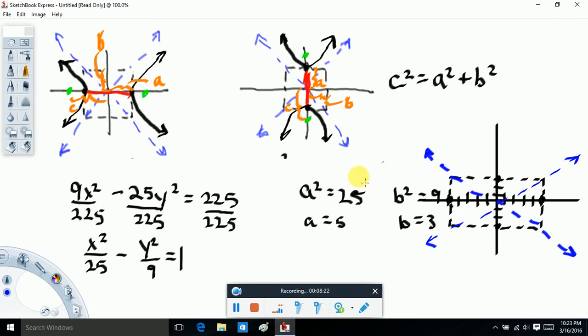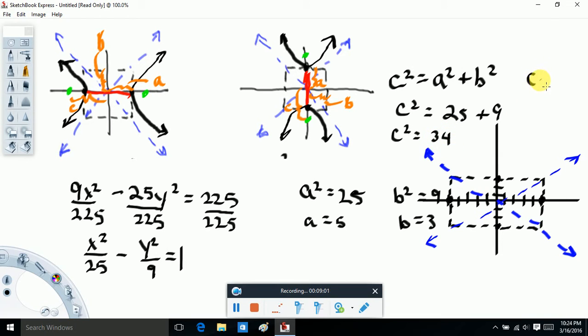So where are the foci? We have to use this equation here to find the foci. So c squared equals 34.